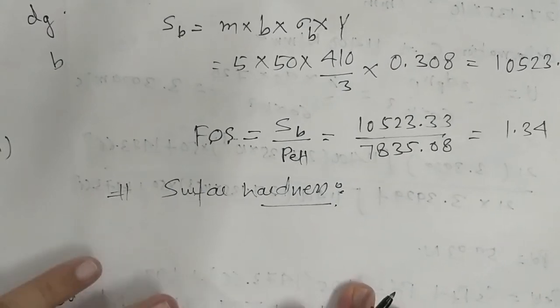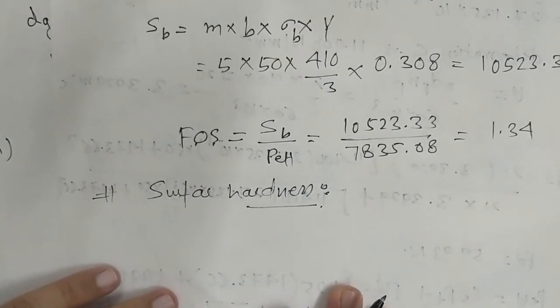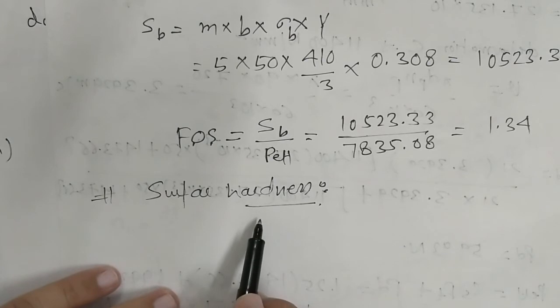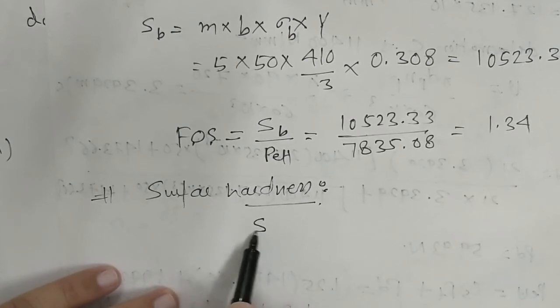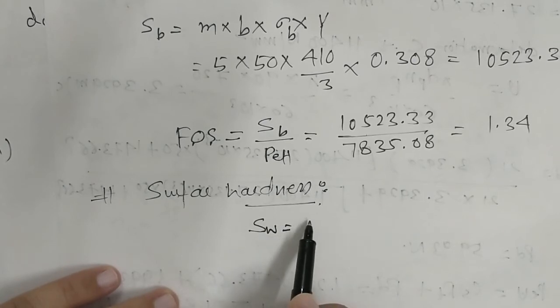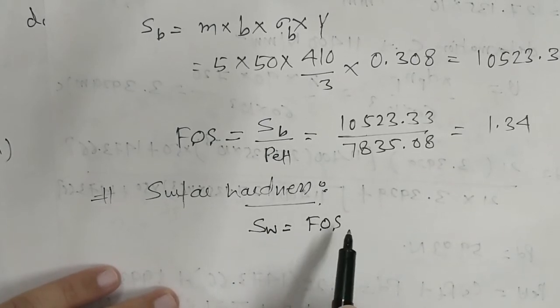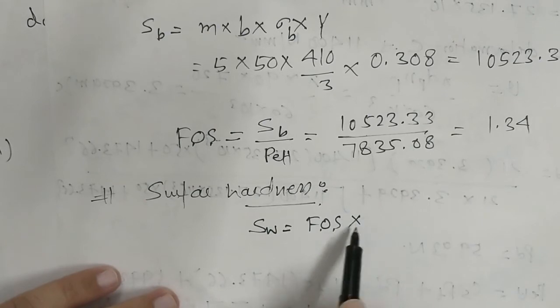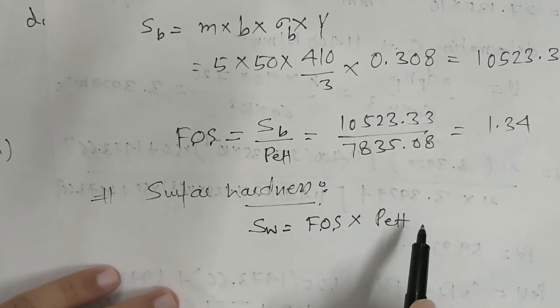So for the surface hardness, we need to use the wear strength formula. So wear strength SW is equal to factor of safety multiplied by P effective.